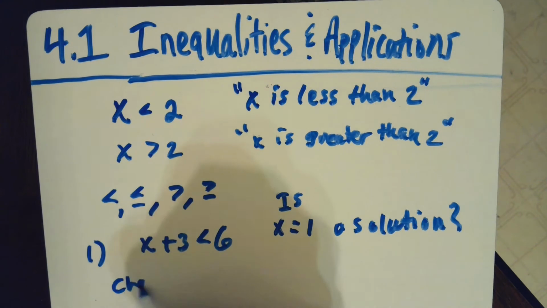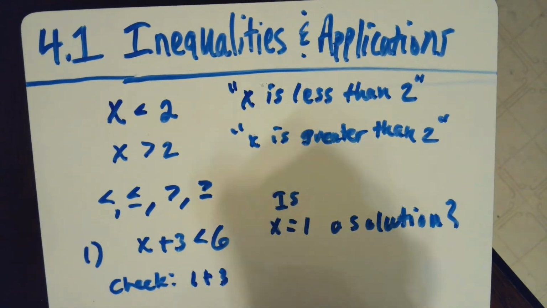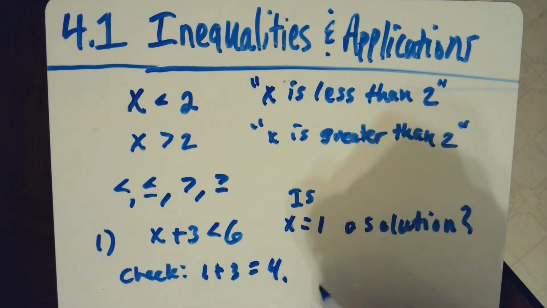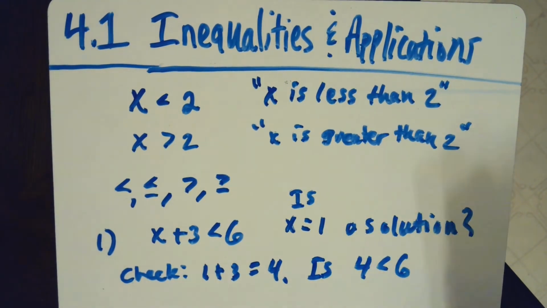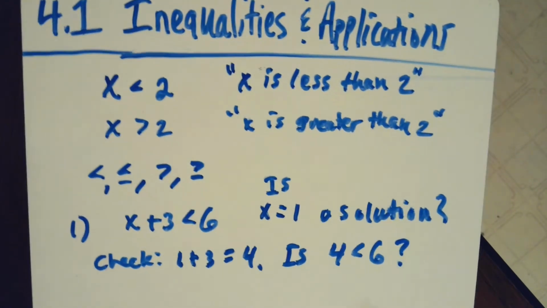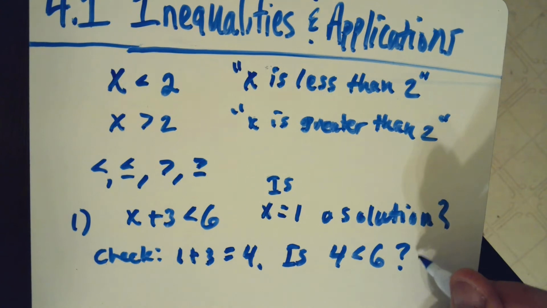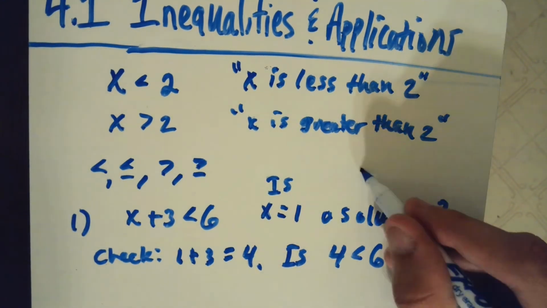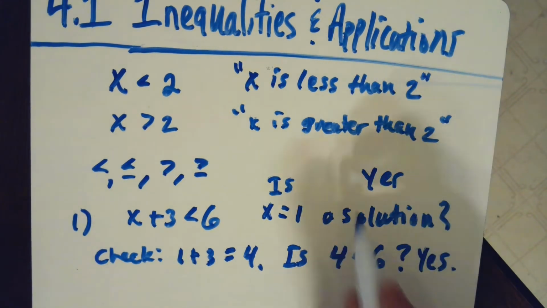Let's check. Well, x plus 3 would be 1 plus 3, which is 4. Is 4 less than 6? Well, think about it. Does 4 come on the number line before 6? Yes. So 4 is less than 6. So in other words, yes, x equals 1 is a solution.